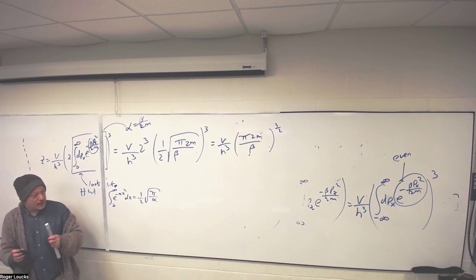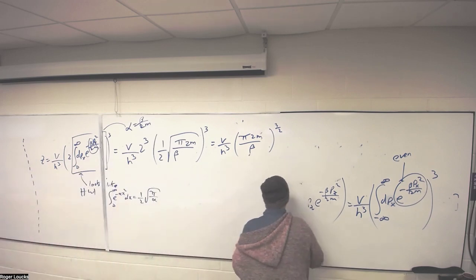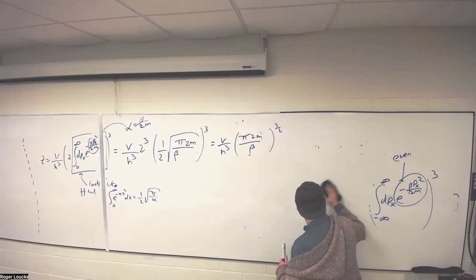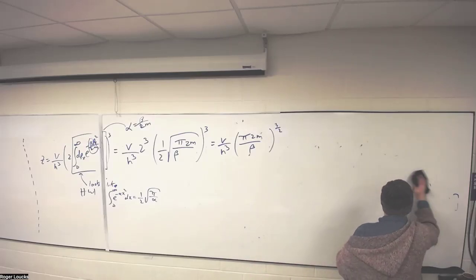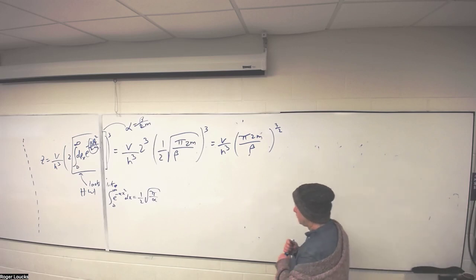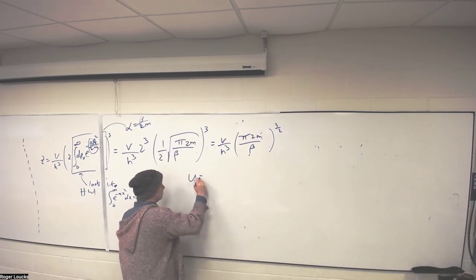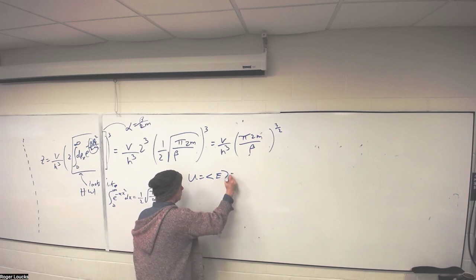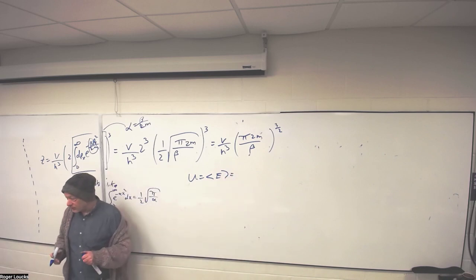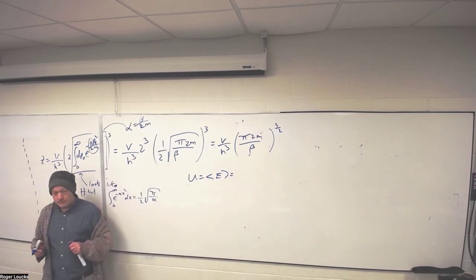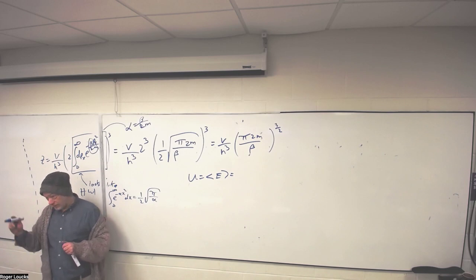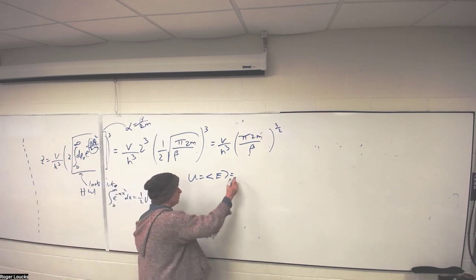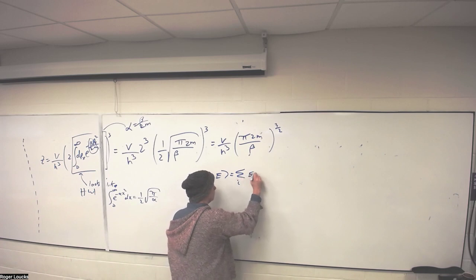Now we want to find the average energy of this. Well, what's still going to happen here? This is still going to be over Z. That's always true.